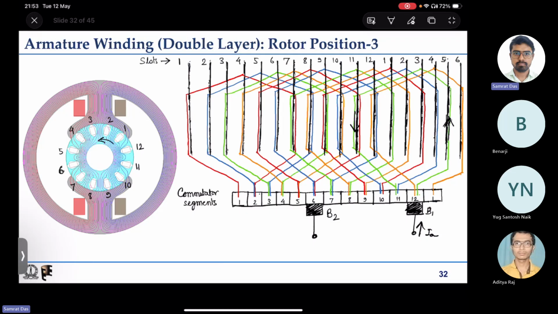So green to blue, up, blue bottom, blue to red, up, red bottom, red to orange, up, orange bottom, orange to green, up, green bottom, or green to blue, up, blue bottom.